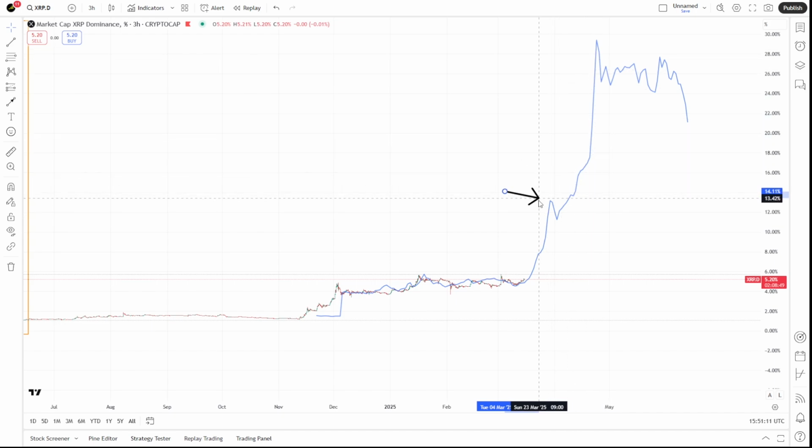So it can shoot quite high. I don't know if it'll do that this time. We'll have to see. But I just wanted to make a video showing you this, that this is, in my mind at least, a bit of a game changer. It gives me hope that we are probably just around the corner, potentially, of XRP waking up and coming to life and moving up.